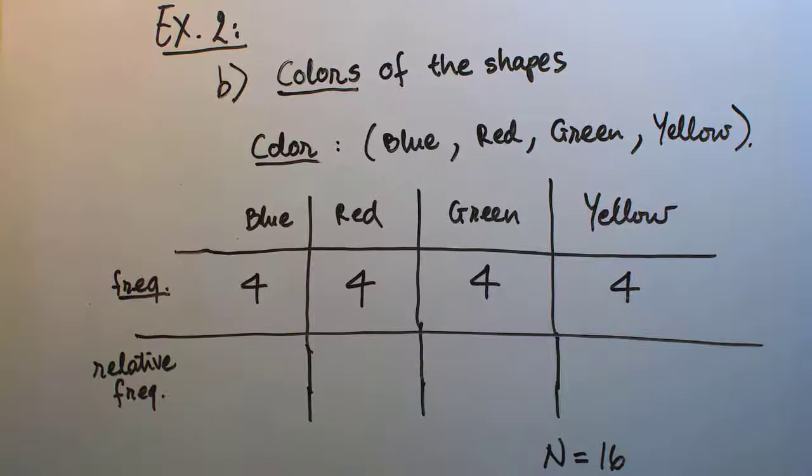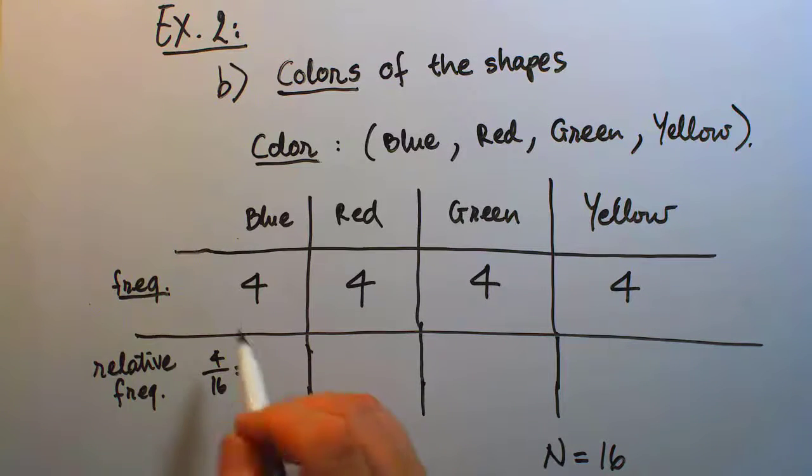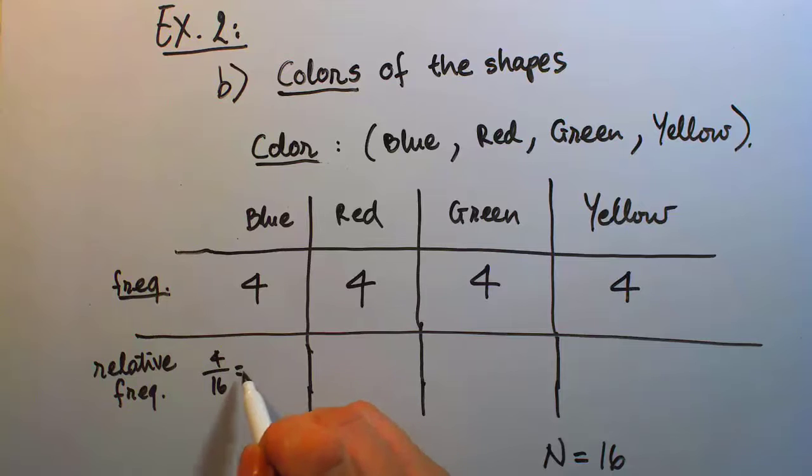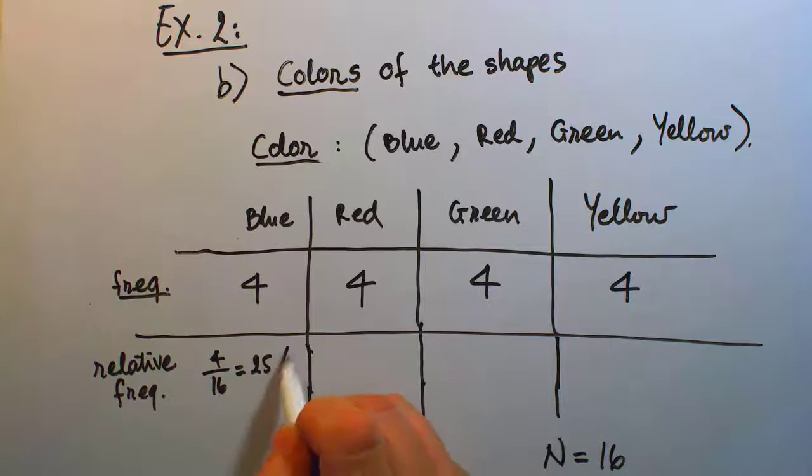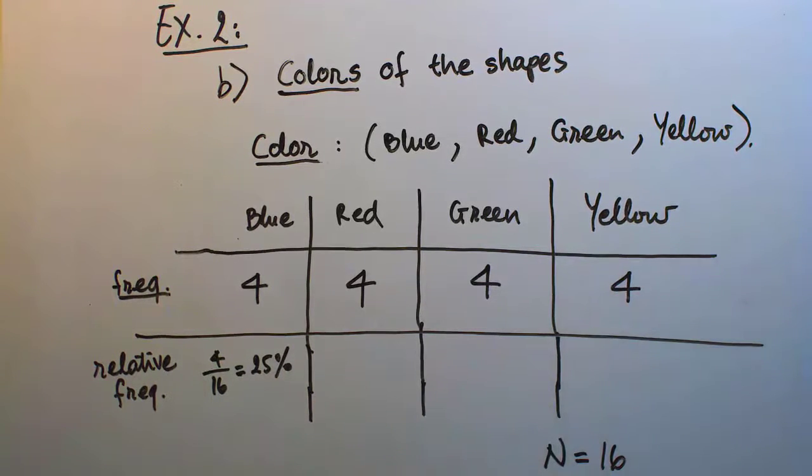So the relative frequency for blue is 4 out of 16, or as a percentage, 25%. For my red category, for those of the objects falling into the category being red, I'm looking at 4 out of 16.